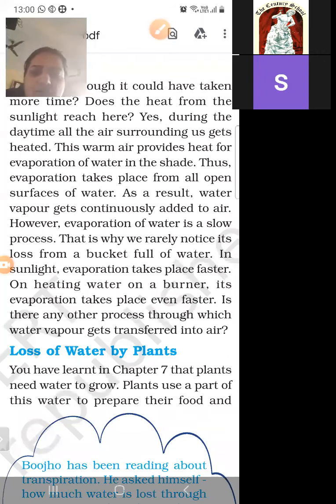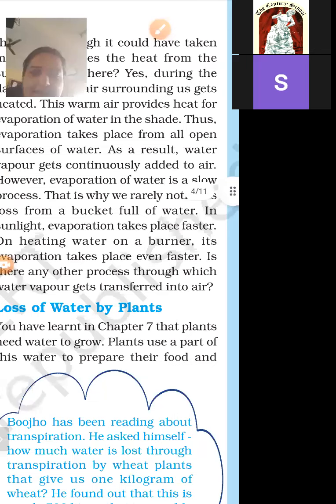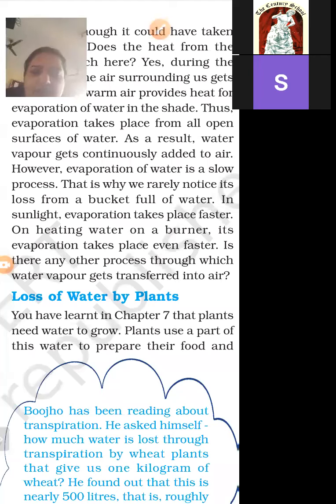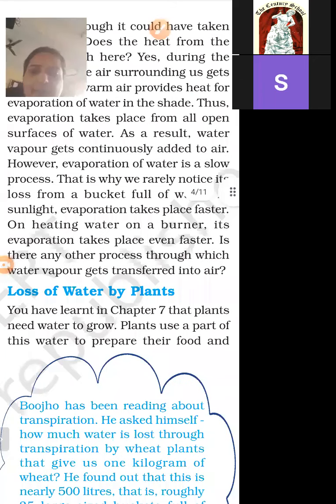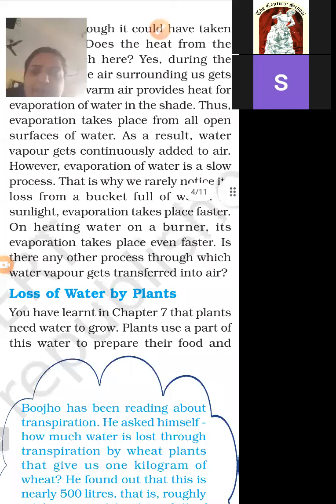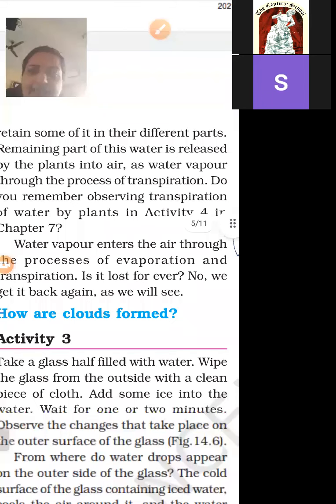You have learned in chapter 7 that plants need water to grow. Plants use a part of this water to prepare food.